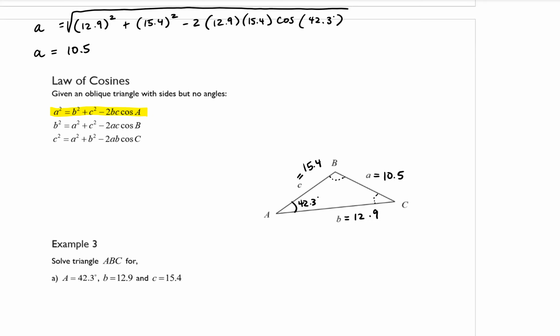So now that we've solved for side length lowercase a, my suggestion is that you use law of sines to figure out either angle B or angle C. And then the only angle you are going to have left can be solved by adding up the other two angles and then subtracting that from 180 degrees.